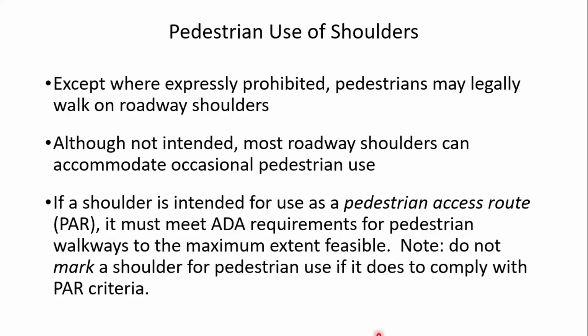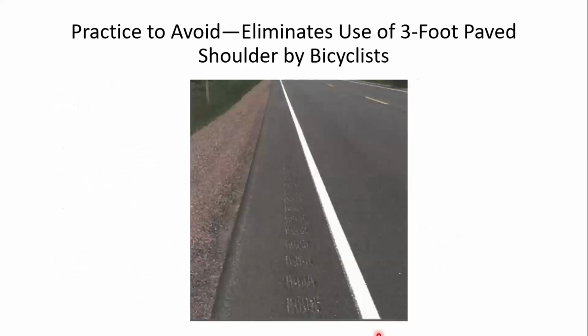Another issue with using the shoulder as part of the PAR, if you'll allow me to back up here to this image, and I imagine the rumble strip's not here, and that maybe we have pedestrians walking on the shoulder. A concern that I would have with designating this as the PAR is that this white edge line, even if it's thermoplastic or paint, is not detectable under the cane tip of a visually impaired traveler.